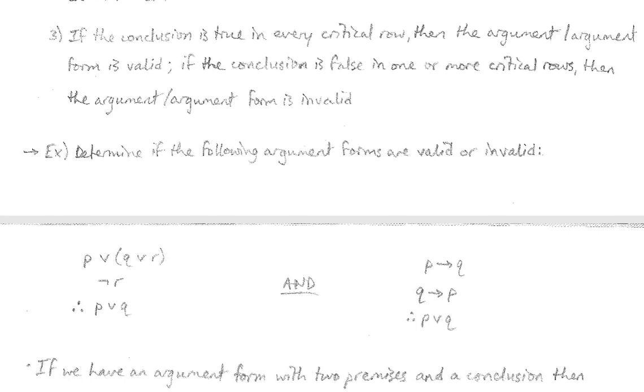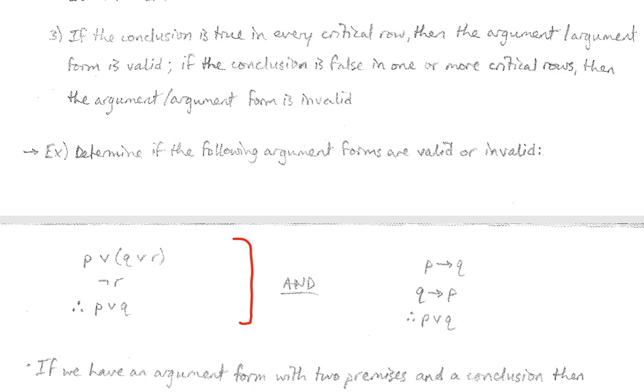So here are just a couple samples of some arguments or some argument forms. Looking at this one here, we see that we have two lines of statement forms. Then we have our three dots here, and then we have one more statement form.